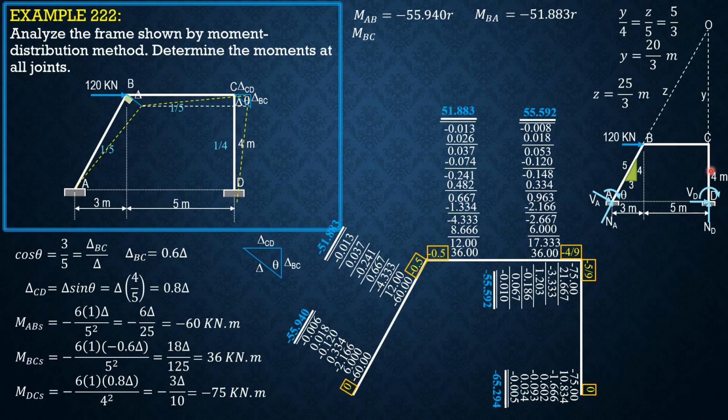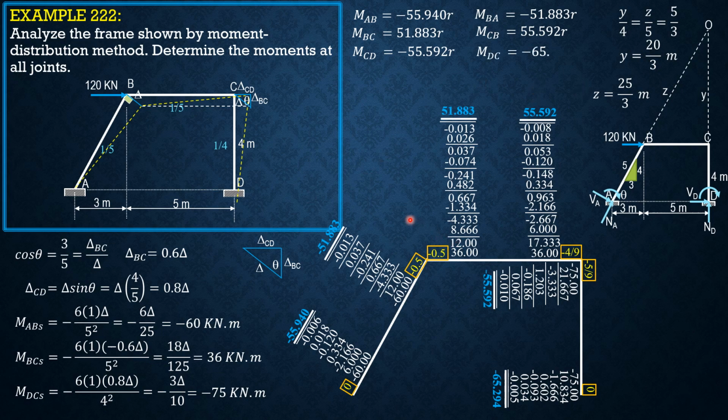If you draw a free body diagram of CD, summation of moment about C, so V_D times 4 equals MDC, then take note there is MCD here, which is assumed clockwise. So 1/4 of MDC plus MCD times this is 32/3, then plus 800 equals MAB plus MDC.